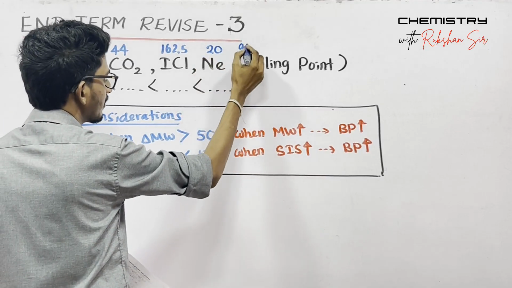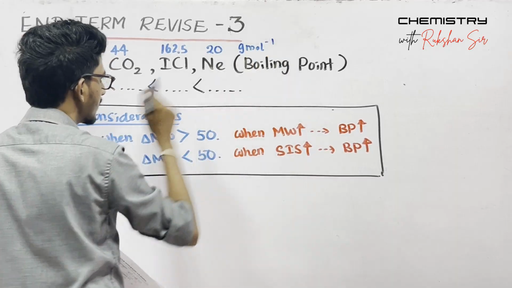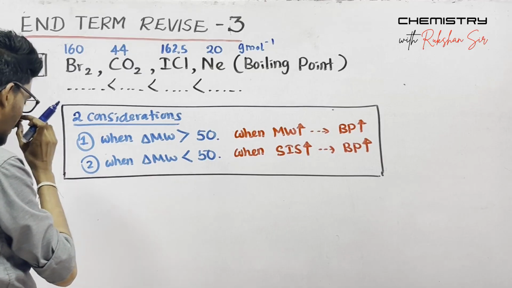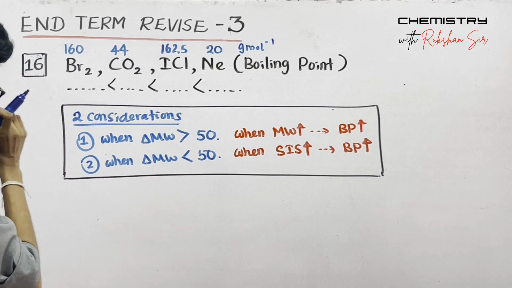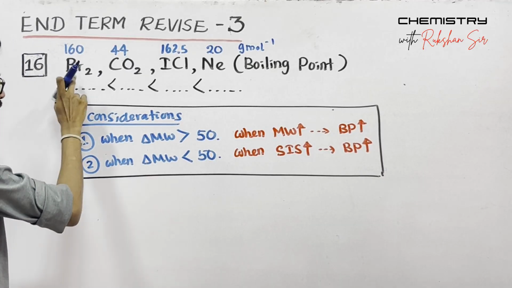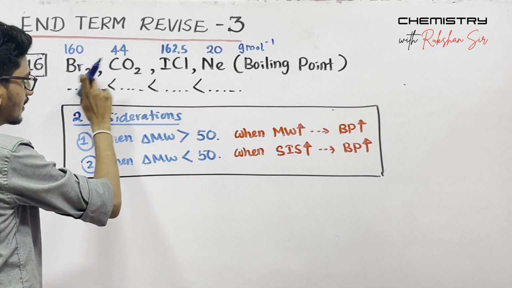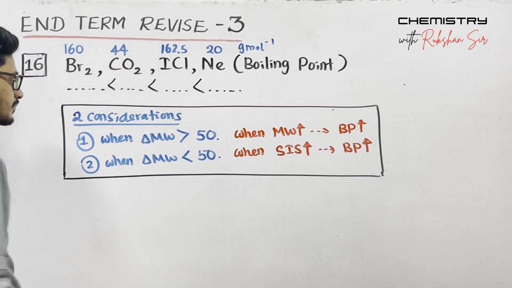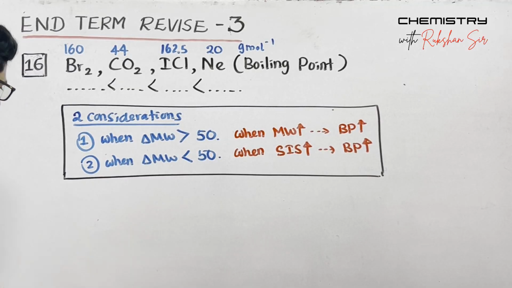These are g mol^-1 values. So according to criteria 1, we can say these two are greater in boiling points than these two.